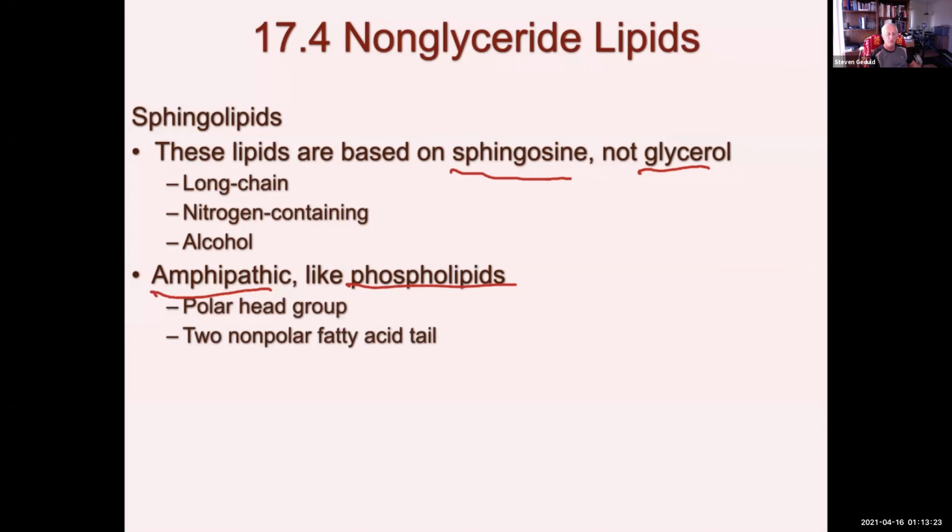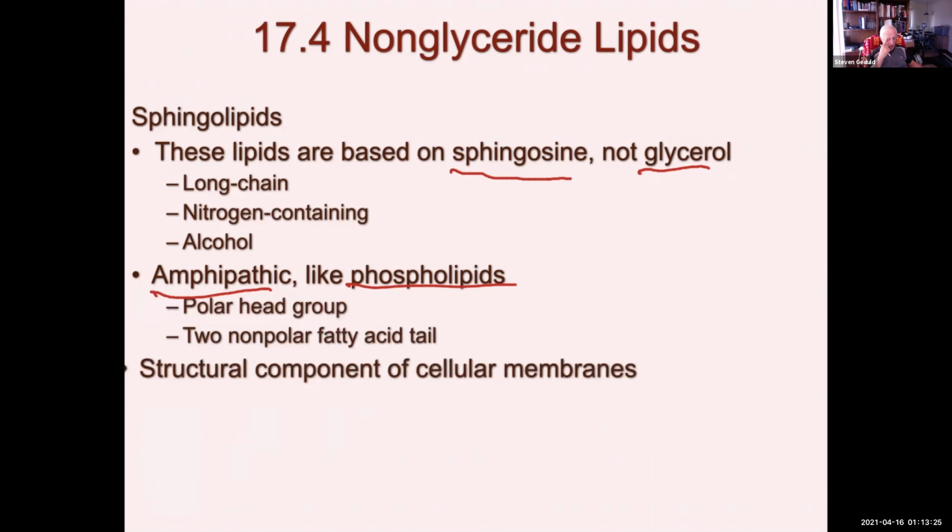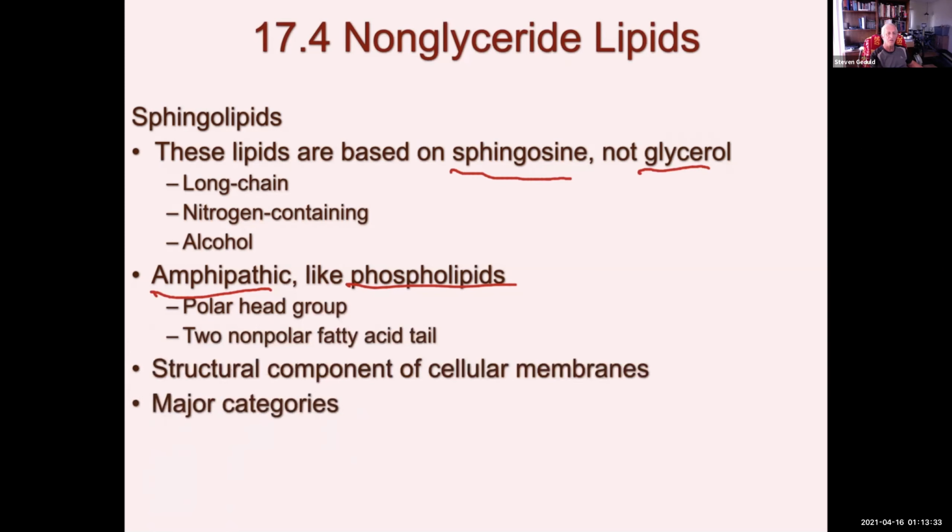They have 2 non-polar fatty acid tails, and they're the structural component of your cellular membranes. Major categories of sphingolipids, there are 2 types. There's sphingomyelins and there's glycosphingolipids.